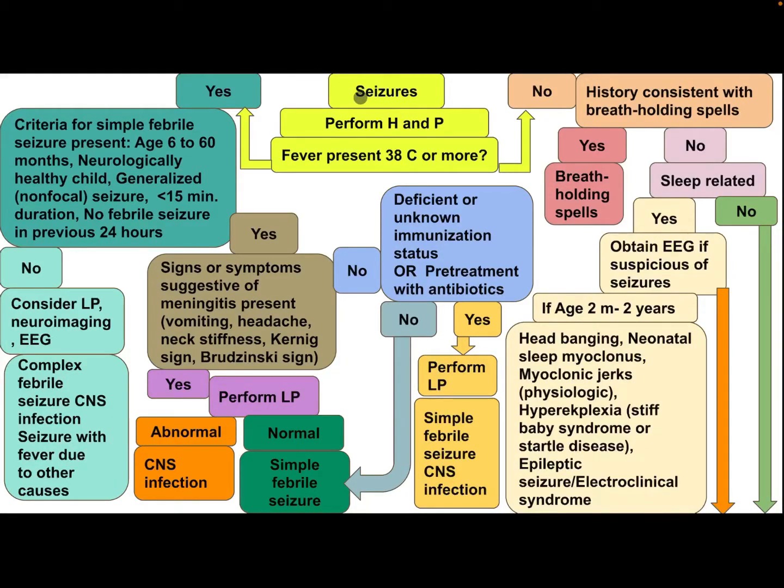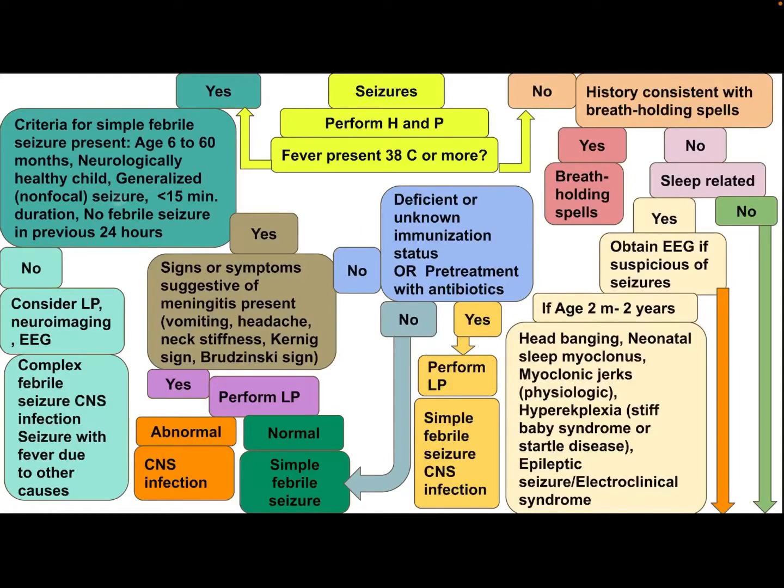How to approach a child with seizure after performing history and physical examination. Is there fever present, 38 Celsius or more? If it is yes, are there criteria for simple febrile seizure present? Age from 6 months to 60 months. Neurologically healthy child.